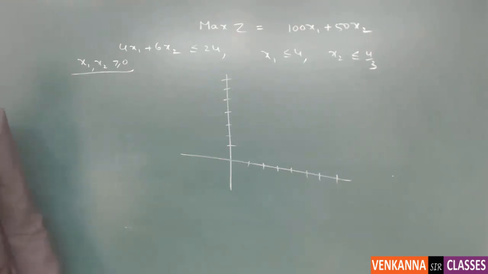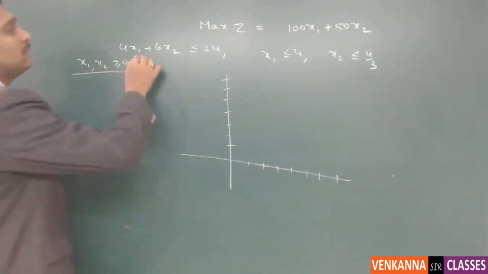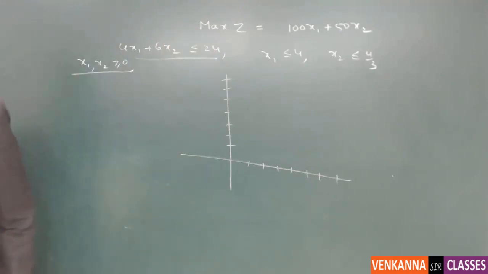Right. So taking care of the first inequality, please give me the points. What are to be taken there? Are you solving that? Right. So 6, 0 and 0, 4.